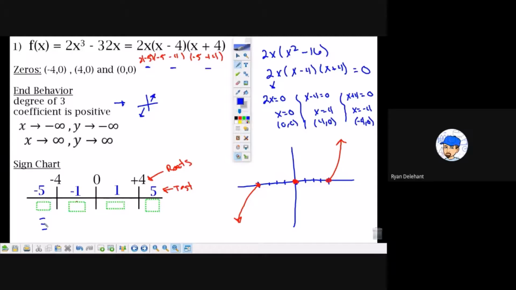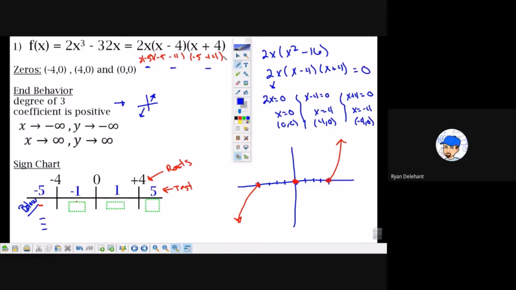Because negative times a negative is a positive, and then you got one more negative left to make the whole thing negative. So that worked. We got our negative answer. That negative here, this is overall, means that the graph is below the x-axis. If I get a positive overall, that means my graph has to be drawn above the x-axis because the y values that are coming out are all positive.